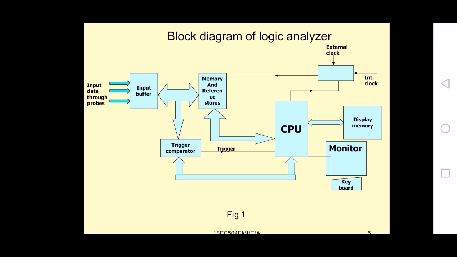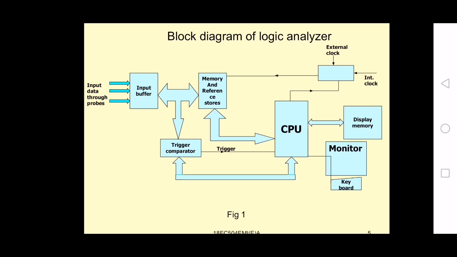You will be having the memory write or memory read based on the qualified trigger from the CPU. For the CPU to be displayed, you will be having the display memory, and for displaying you will be having a monitor. For inputting something to the monitor you will be having the keyboard.